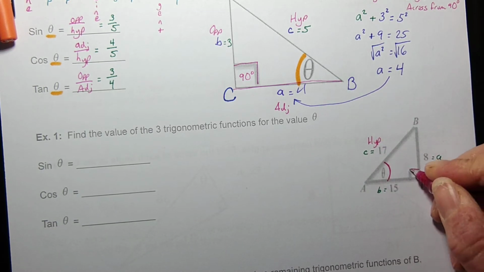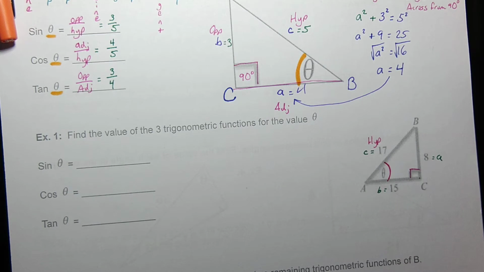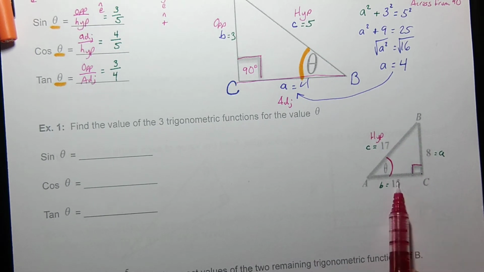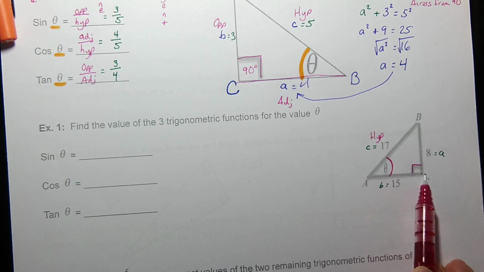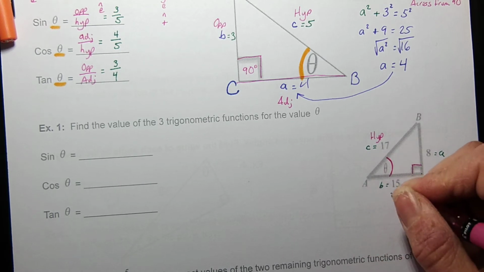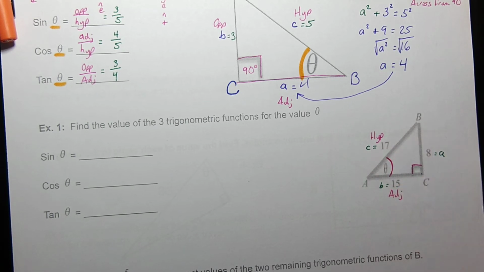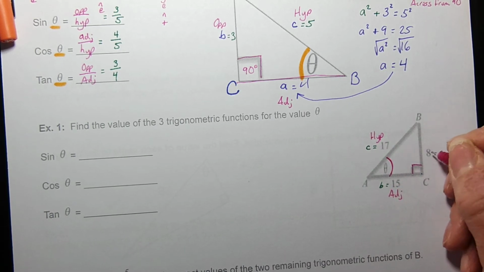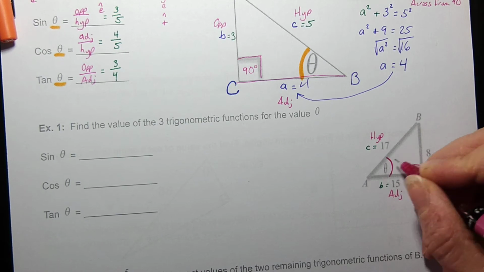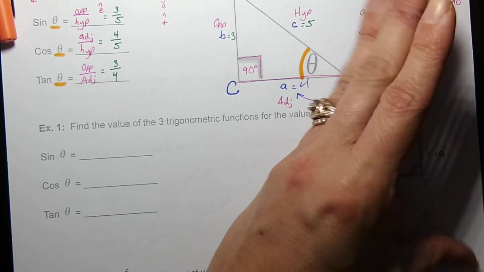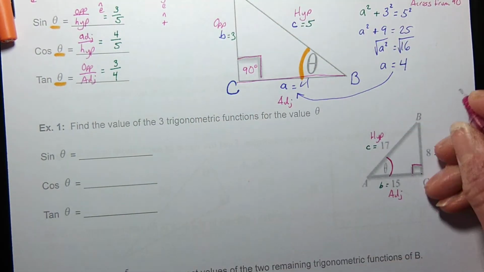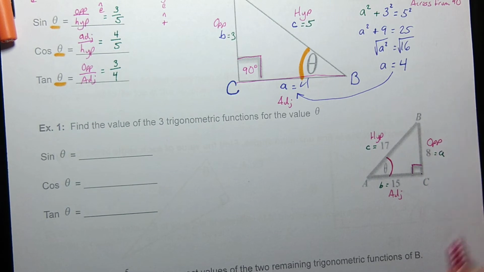Always across from the right angle, always the longest side. So that's my hypotenuse. What would you say 15 is relative to theta? Is it adjacent to the angle or opposite the angle? Adjacent. There's my adjacent side. And then 8 then is opposite the angle. So it's like the angle is kind of chomping or eating that side. There's my opposite side.